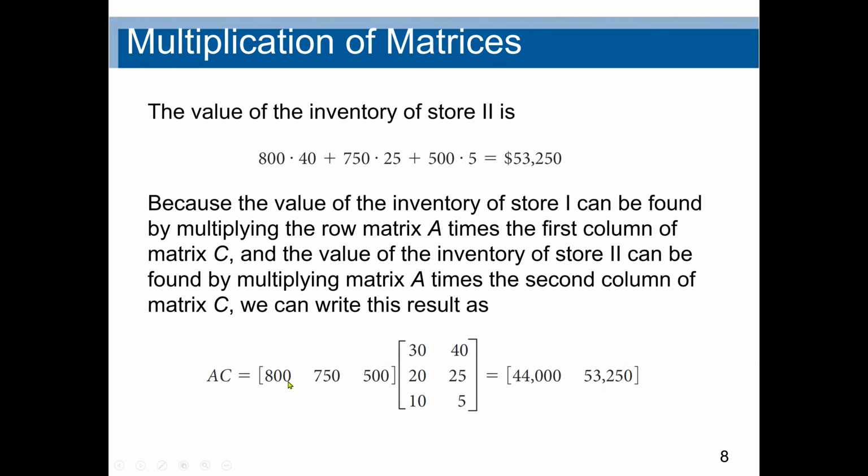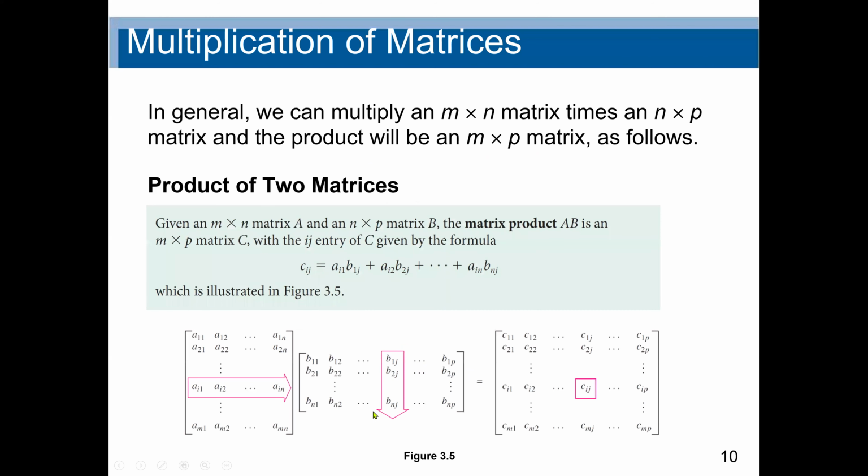You can see that here, we take 800 multiplied by 40 plus 750 multiplied by 25 plus 500 multiplied by 5. So you take 1 row and 1 column. And that's what we are doing here. I take one row, A11, A12 up to A1n, and multiply by B11, B21, Bn1. The second column will be B12, B22, Bn2. Again, I will use the first row in the first matrix and the second column. That will give me the position of C12.